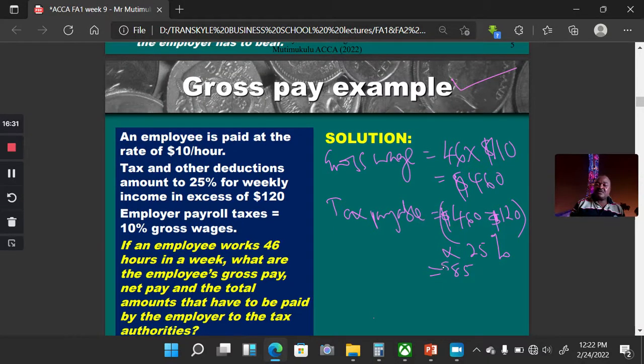So the employee himself has to pay $85 to the tax authority.